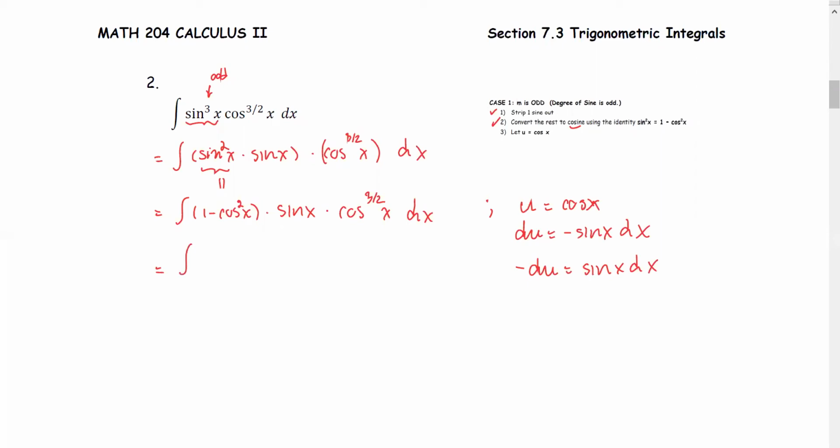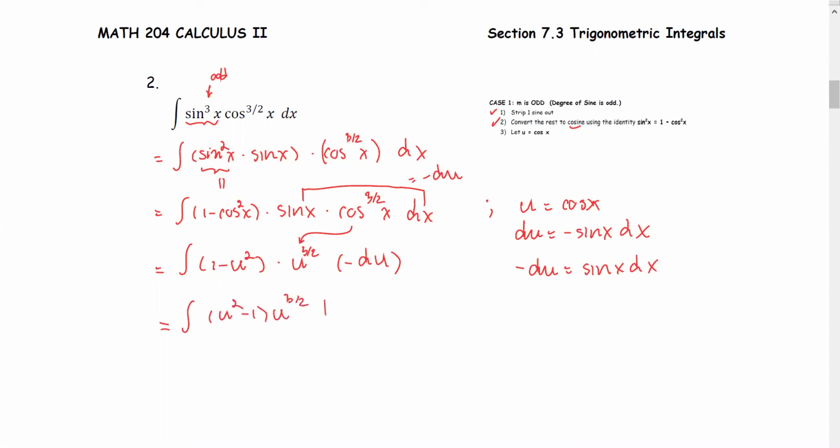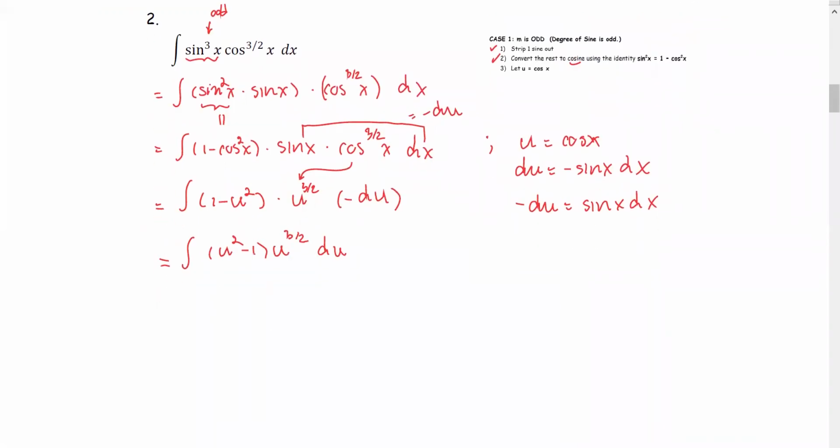This problem becomes the integral of 1 minus u squared multiplied by u to the power 3/2, and the sine x dx is negative du. And then simplify the integrand. It becomes u squared minus 1 multiplied by u to the 3/2 du, by applying the negative sign to the factor, to the parentheses, sorry.